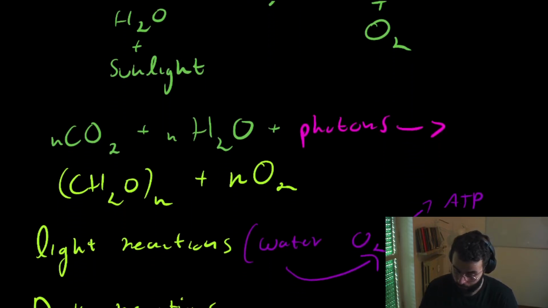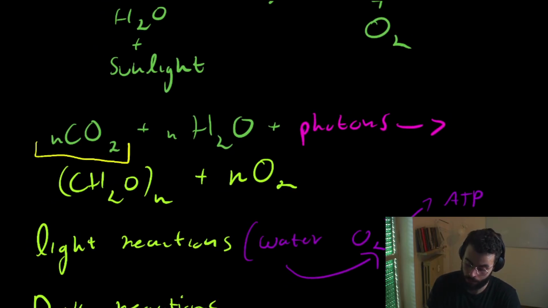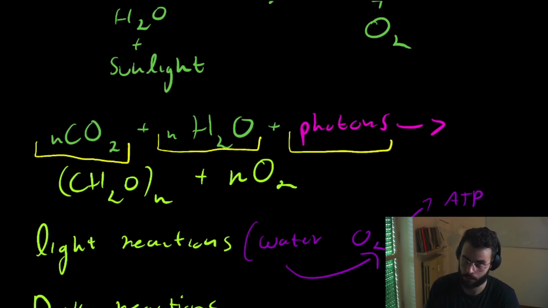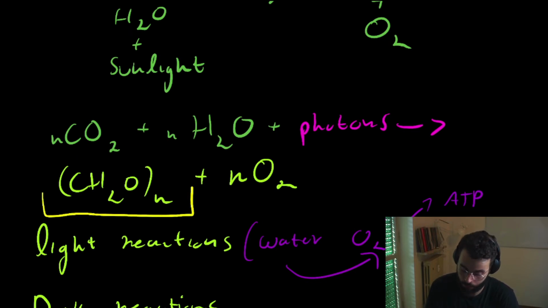Now, if we go into more detail in the equation, you will see that X number of carbon dioxide plus X number of water plus photons, which is light, and we are going to study it very soon, gives you the basic unit of carbohydrates, which is CH2O, plus X amount of oxygen.